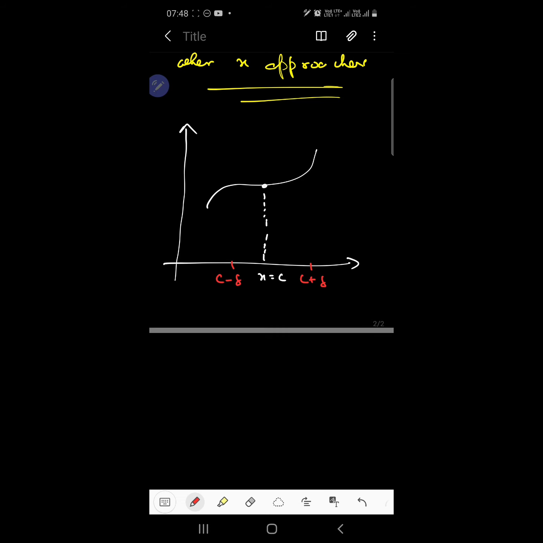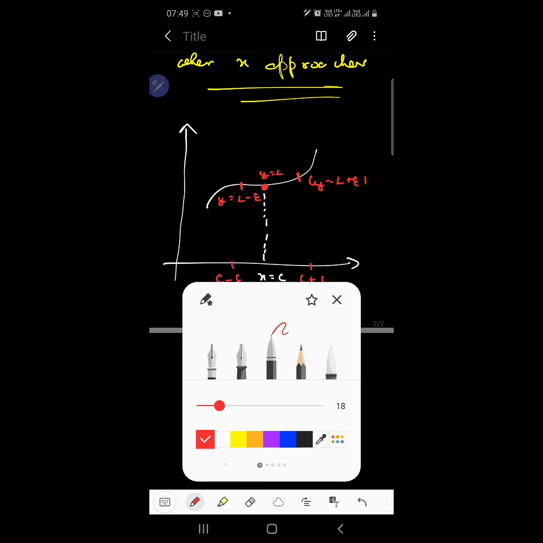Similarly, let's say this is your L, and this is L minus epsilon, this is L plus epsilon on the y axis. So this is y equals L plus epsilon, this is y equals L, this is y equals L minus epsilon.